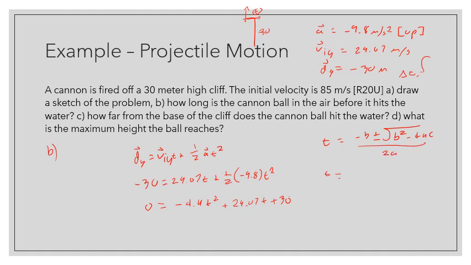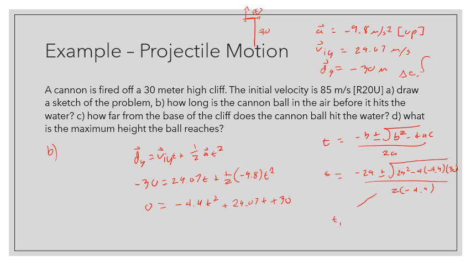So t is equal to negative 29.07 plus or minus the square root of 29.07 squared minus 4 times negative 4.9 times 30, all over 2 times negative 4.9. If we plug this in and solve for both the plus and the minus, we get two results.